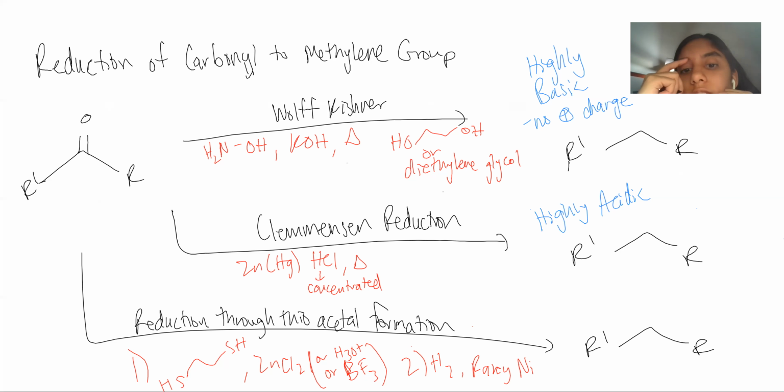I mean, we haven't really done ester and carboxylic acid stuff yet, but I think that those can be hydrolyzed in either basic or acidic conditions. So if you have a carboxylic acid, amide, and ester in your molecule, then the best thing to do would be to use the thioacetal formation, because this one is mildly acidic.